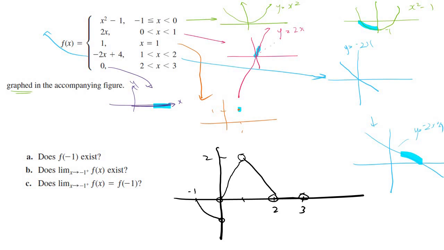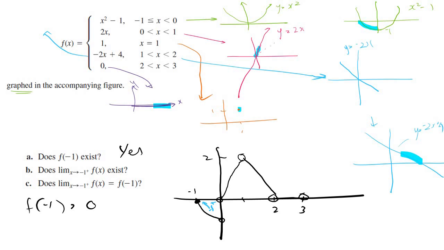So that's the graph. And let's say, does f of minus 1 exist? F of minus 1, because it's included here, yes, f of minus 1 exists. So f of minus 1 has a value which is 0, and it is yes. Does the limit as x tends to minus 1 from the positive direction exist? Let's see.